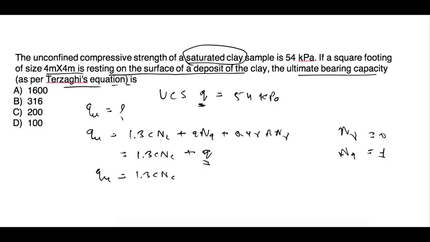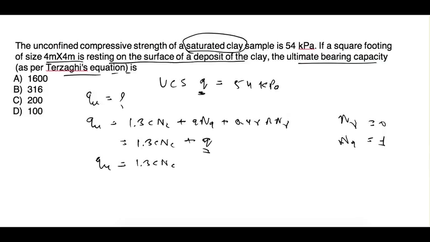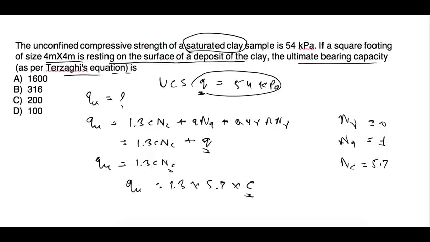Now it is given that we have to use Terzaghi's equation. In Terzaghi's equation, in this condition, Nc is equal to 5.7. So Qu is equal to 1.3 into 5.7 into c. Now we have to find this c. From here we know that c is equal to Q upon 2, which is equal to 27 kilonewton per meter square.